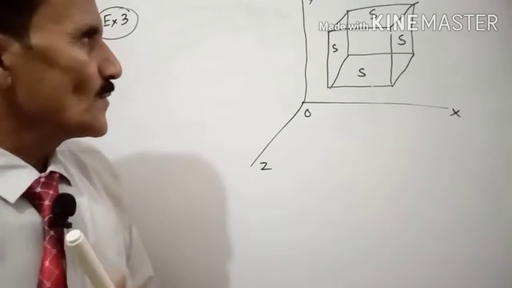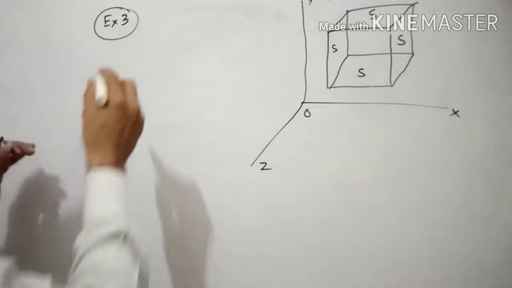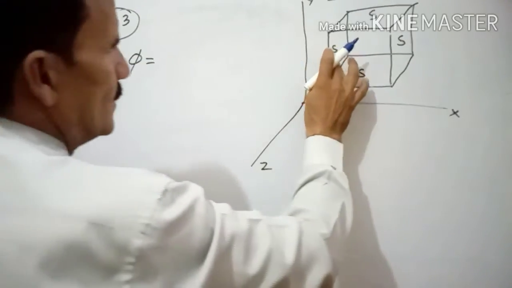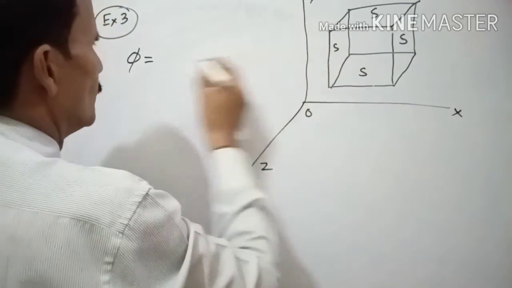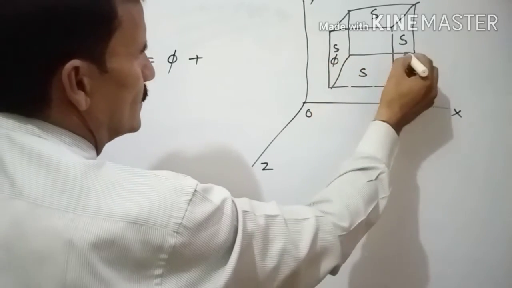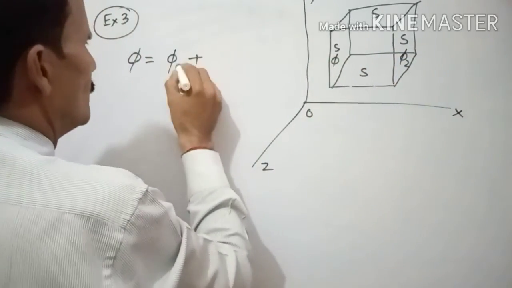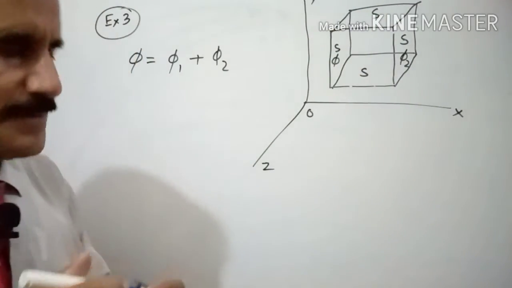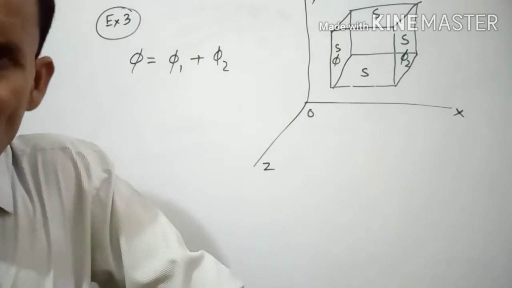Okay. Now you are required to find the total electric flux. Then what will that be? Suppose it is phi 1 plus phi 2, and for the other surfaces it is automatically 0.